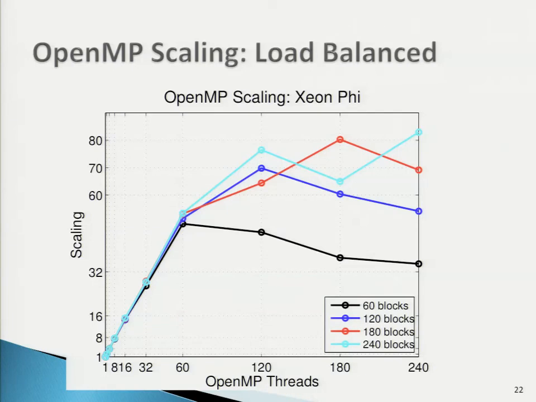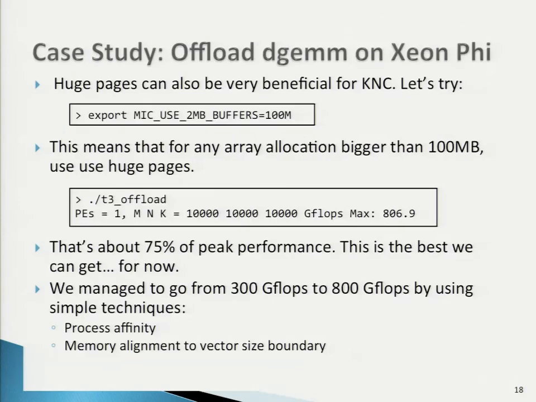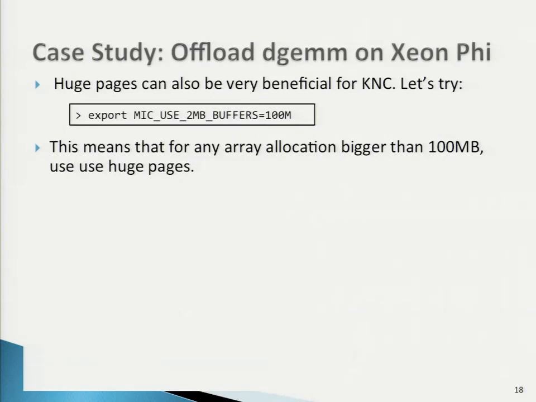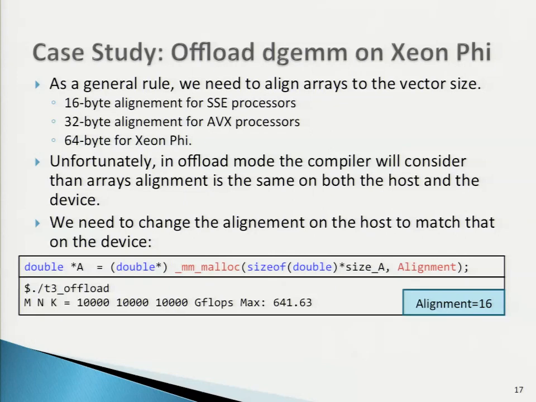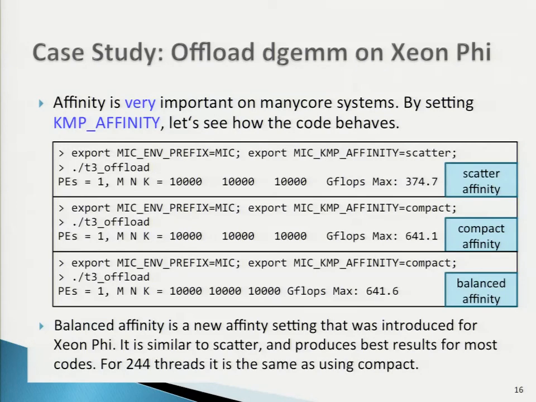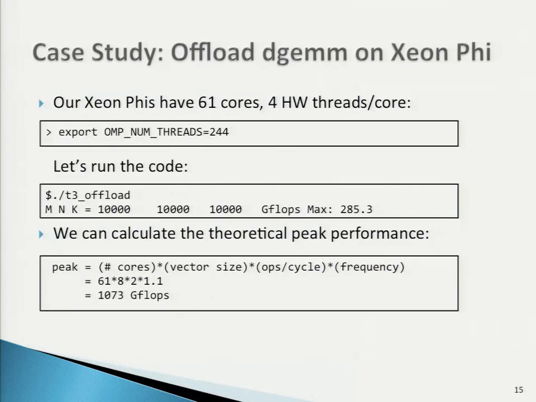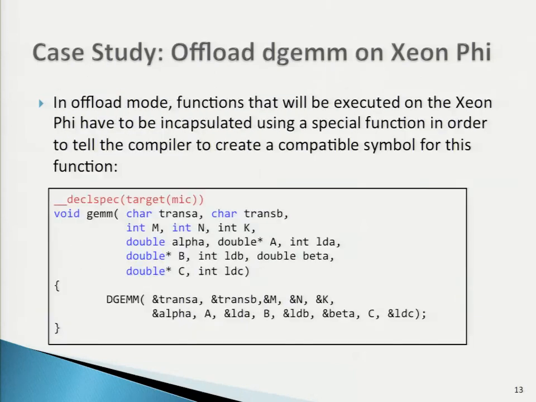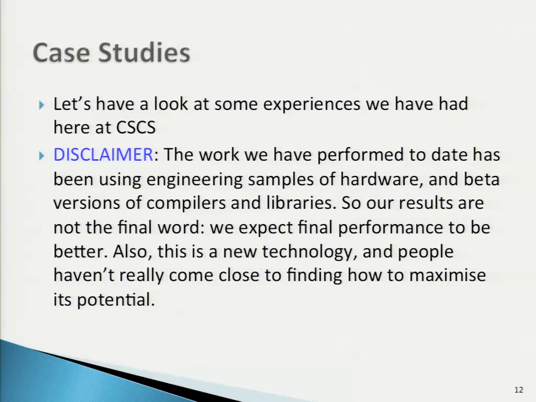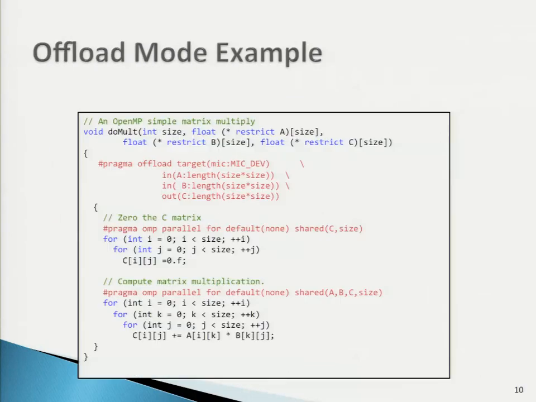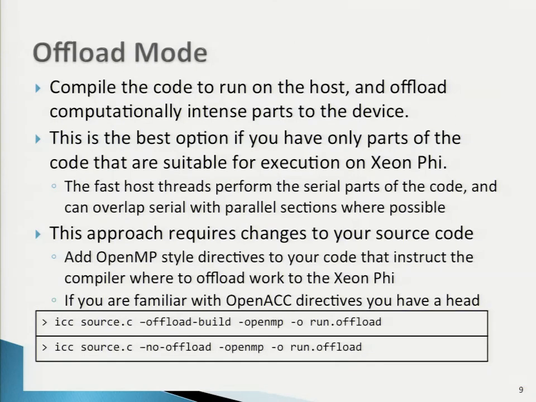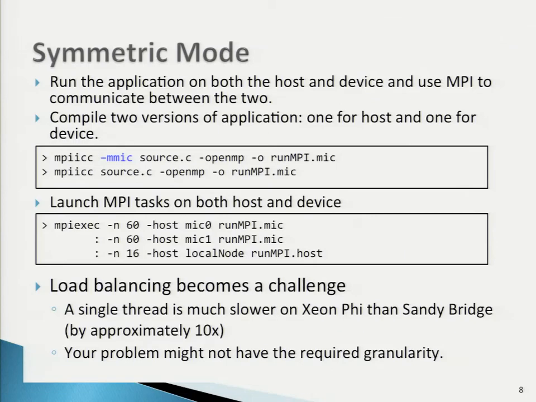When you started the job with MPI, you used this minus host option. Is it some kind of network protocol between the host and the card? Let's see. You're giving the addresses here. Where is it? Symmetric mode. Here we go.